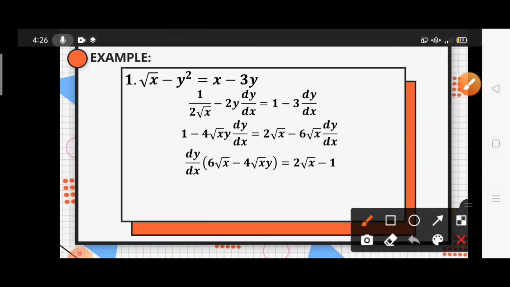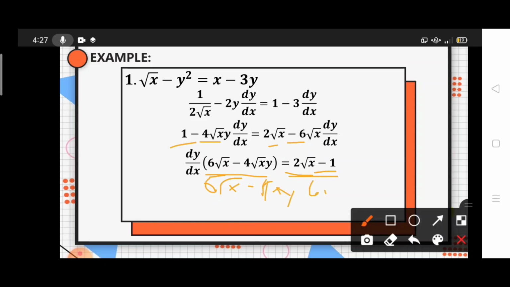We get dy over dx: from negative 6 square root of x will become positive 6 square root of x, and here negative 4 square root of x y is equal to 2 square root of x, and from positive it will become negative 1. And then divide both sides by 6 square root of x minus 4 square root of x y.